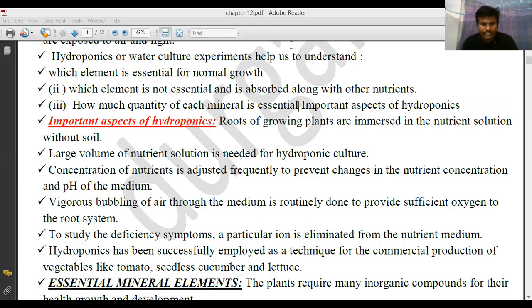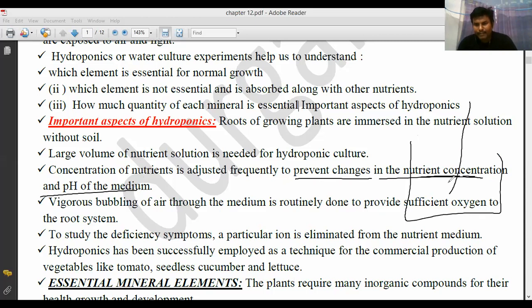Whatever may be the concentration of those nutrients, that is adjusted frequently to prevent changes in the nutrient concentration and pH.